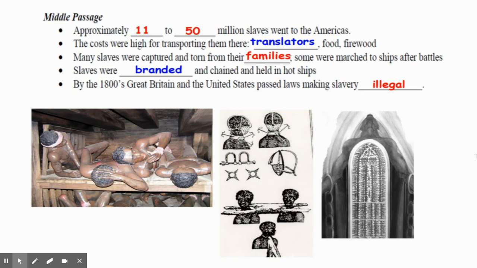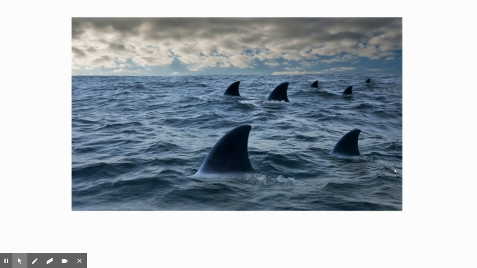I do want to draw your attention to the photo on the right side of your screen here. When you talk about those slave ships, people were packed in there as tight as you could imagine. It's about profits, it's not about comfort. Literally people were head to toe, just very, very uncomfortable quarters, if you could possibly imagine that.